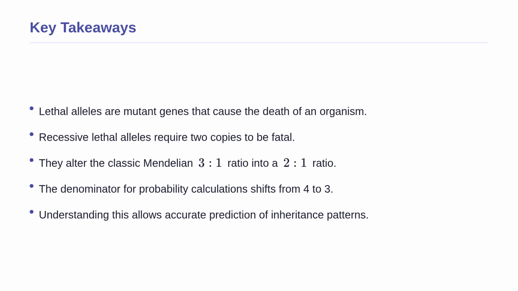Second, recessive lethal alleles require 2 copies to be fatal, meaning carriers can survive and reproduce. Third, and mathematically most important, the presence of a lethal allele alters the classic Mendelian 3-to-1 ratio into a distinct 2-to-1 ratio among survivors. This shifts our probability denominator from 4 to 3.